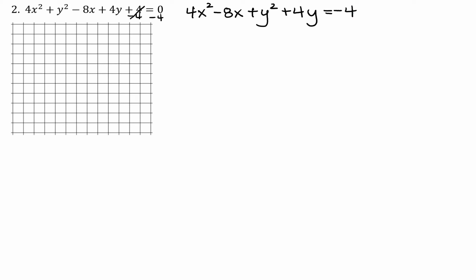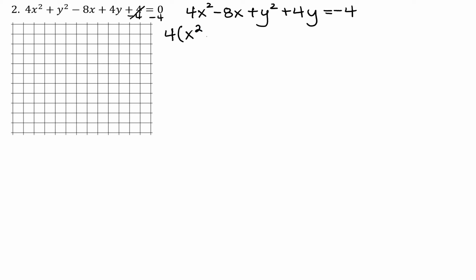In order to complete the square on a variable, we need the leading coefficient in that variable to be 1. That's already happening for the y term. The number in front of y squared is 1, so that's good. But for the x term, the number in front of x squared is 4, and so we will need to first factor that out. So I'm going to factor a 4 out from my x's, and only from my x's.